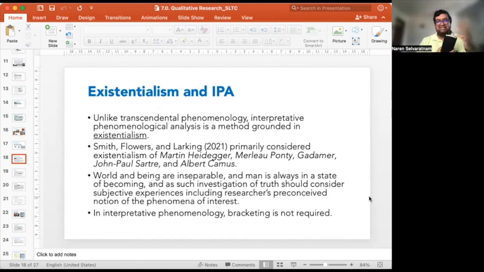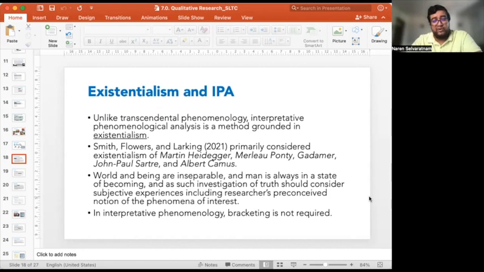I am existing. So my existence is different from the existence of this, because I'm always in a state of becoming. And at the same time, I have subjective experiences, which you, the researcher, should consider and should analyze, including your own preconceived notions about what you want to investigate or what you want to explore.